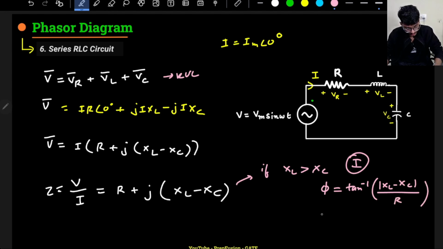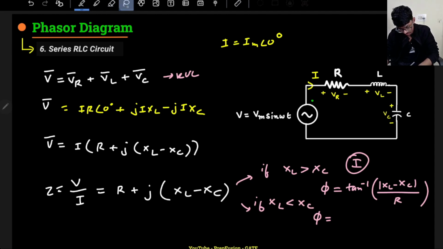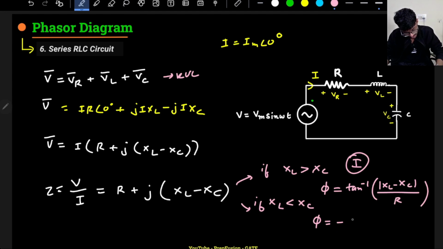And my phi, if my XL is less than XC, will be minus of tan inverse.